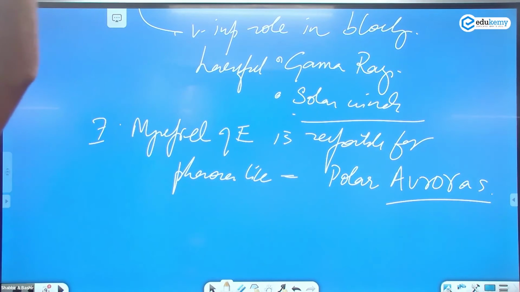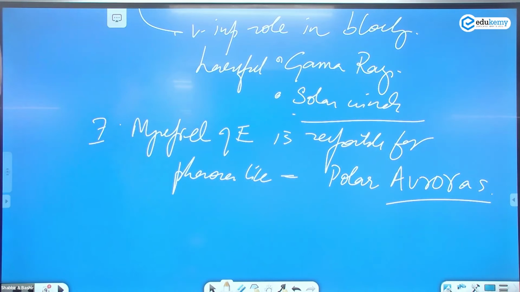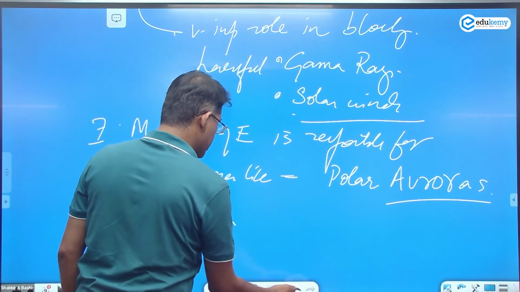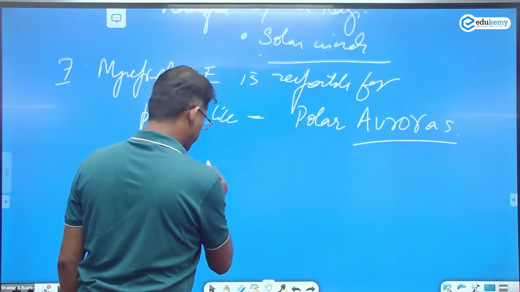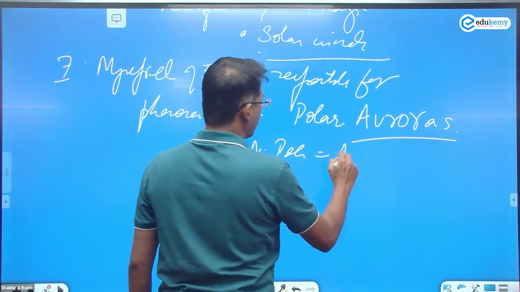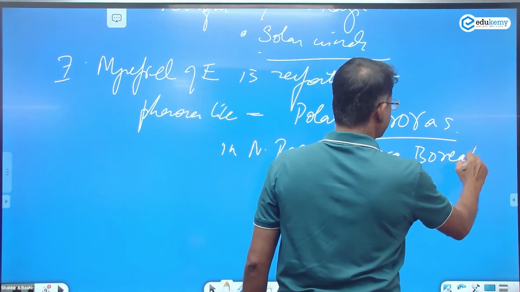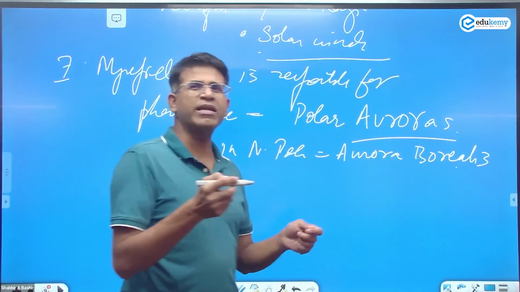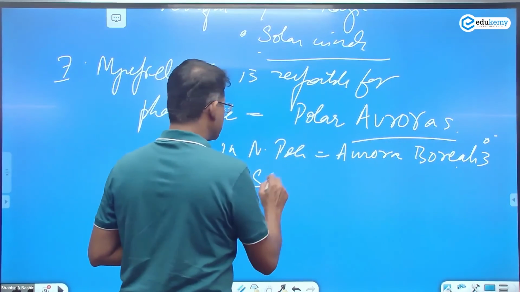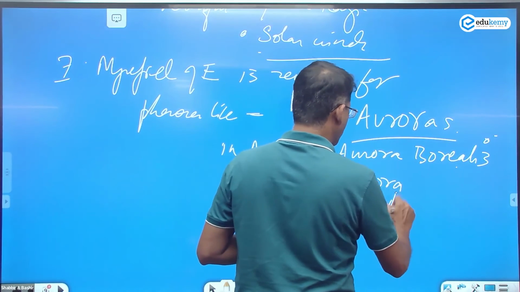They're called as northern lights, southern lights, okay, boreal auroras. ठीक है? So auroras are light display in the northern hemisphere. In the northern poles में, they are called as aurora borealis. The word boreal means north. And southern poles mein is called as aurora australis.